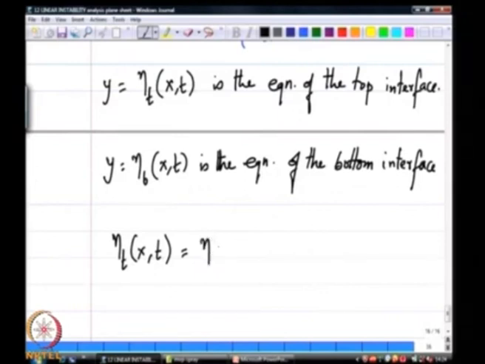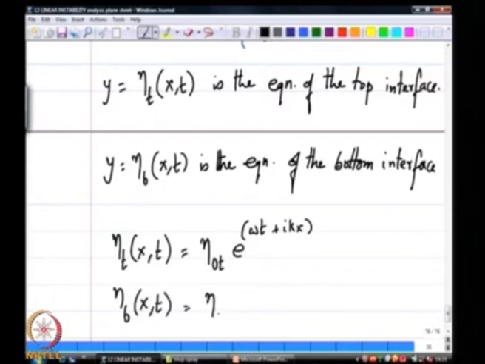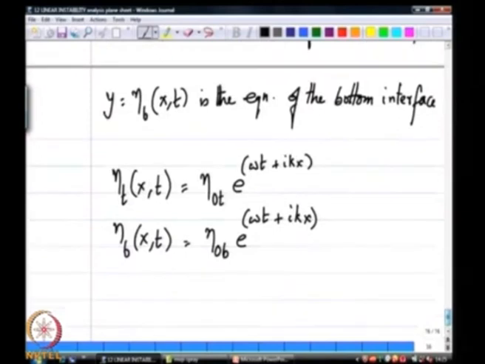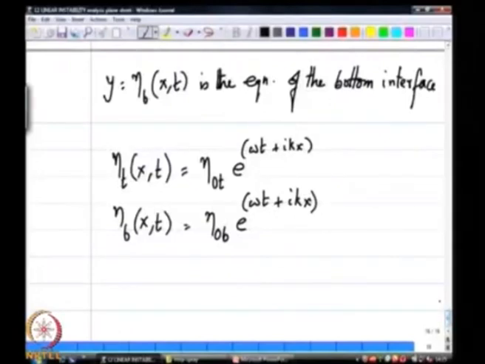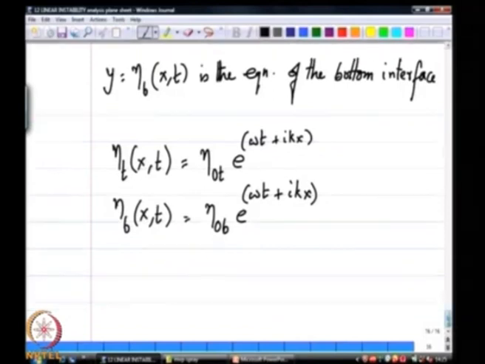I will call this eta 0 t e power omega t plus I k x. This is coming from the normal mode assumption. Okay, so, now that we know the interface shape, we can write down the boundary conditions.